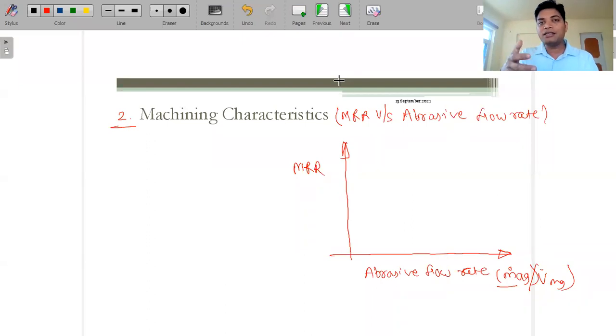But as we are increasing the abrasive flow rate or the quantity, for the time being it increases, but after some time it starts decreasing. So the same graph for both: abrasive flow rate and mixing ratio with respect to the material removal rate.